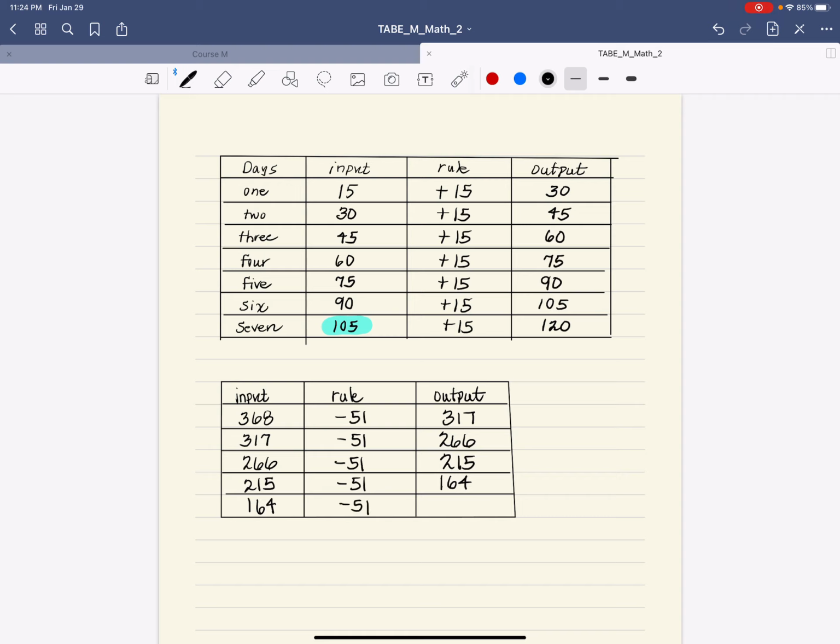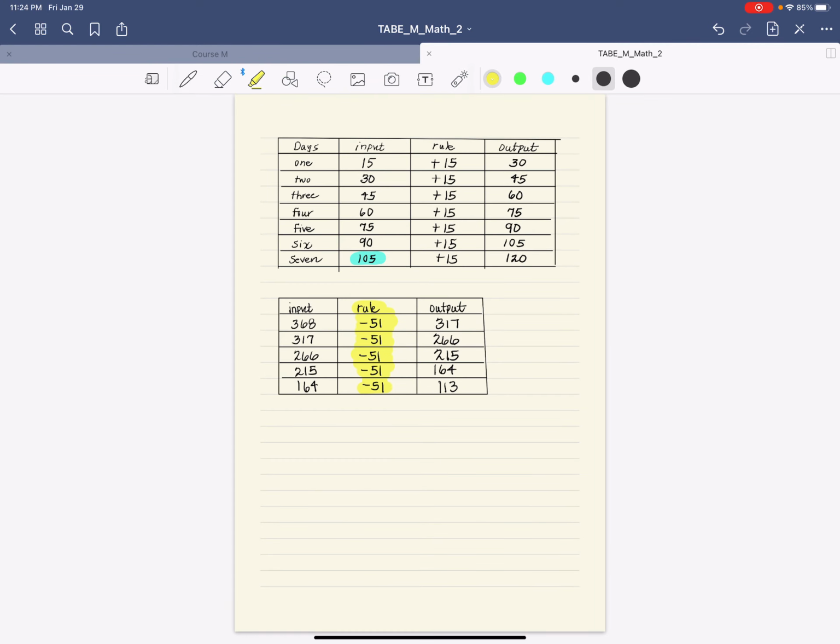And then if you wanted to finish that row, you could. This could go on forever. But the rule is what they're after. What is the rule? It is minus 51.